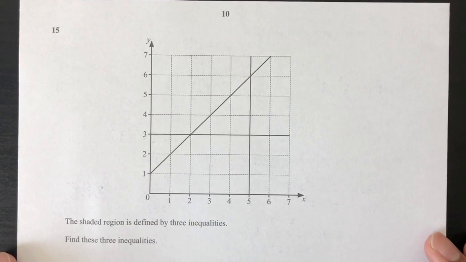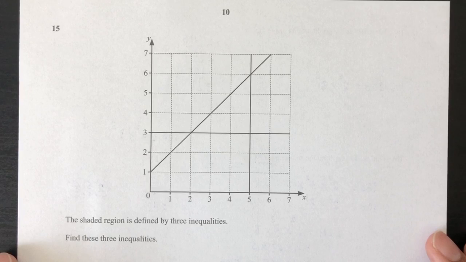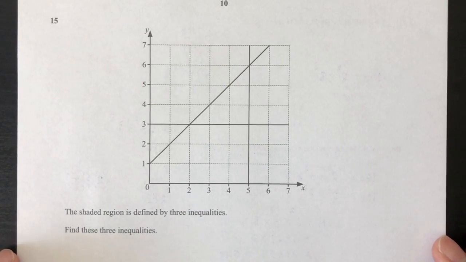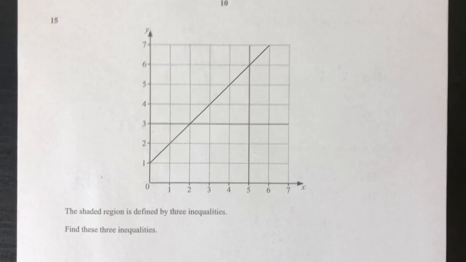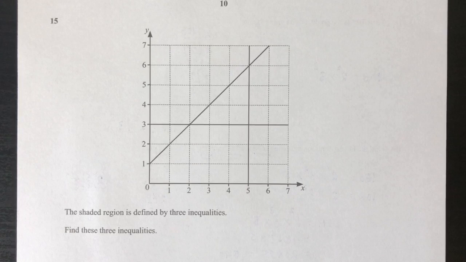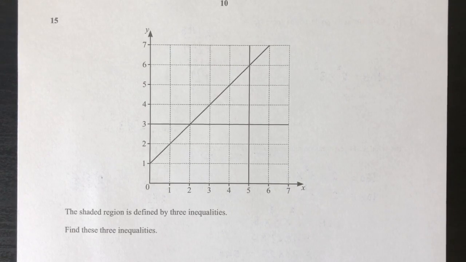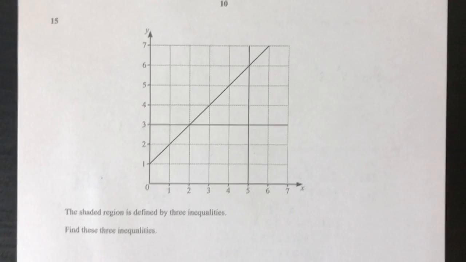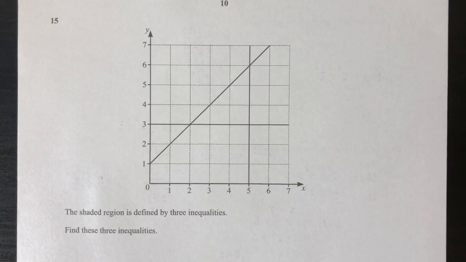Now question number 15, we have this diagram. So it says the region that is shaded, let me find out where it is actually shaded, just give me one moment. That is question 15, let me verify.